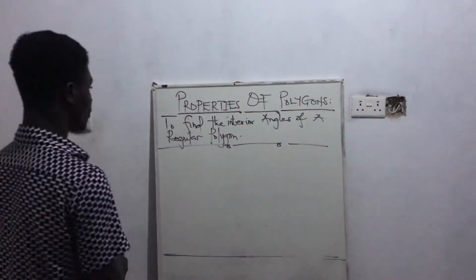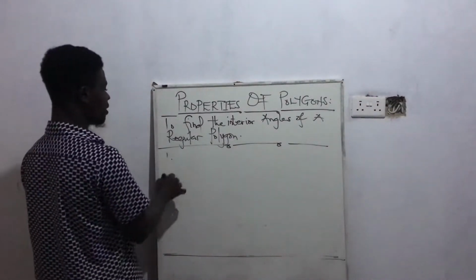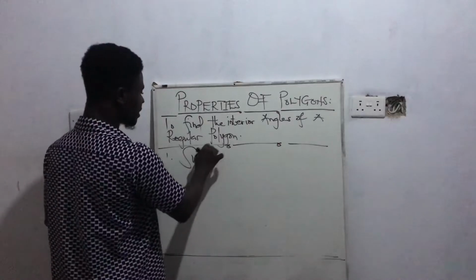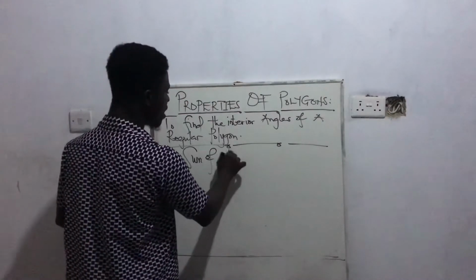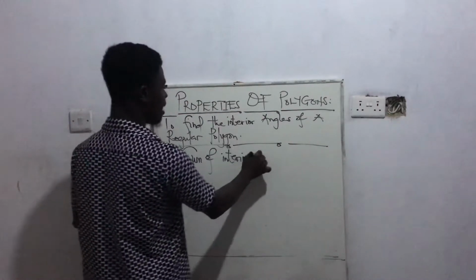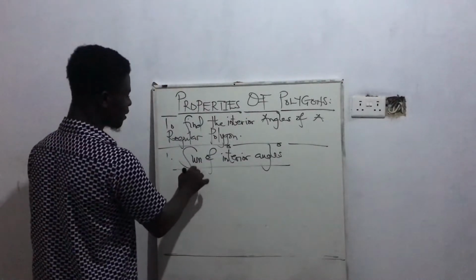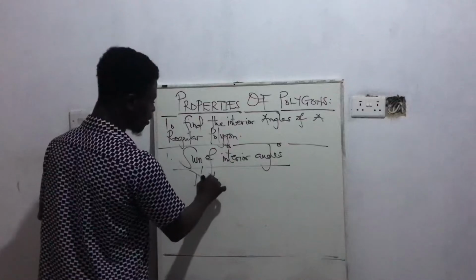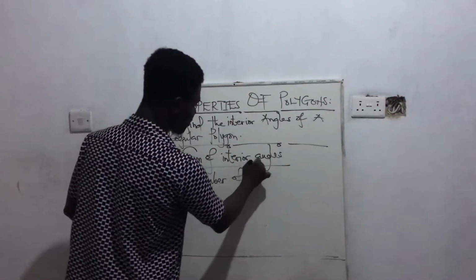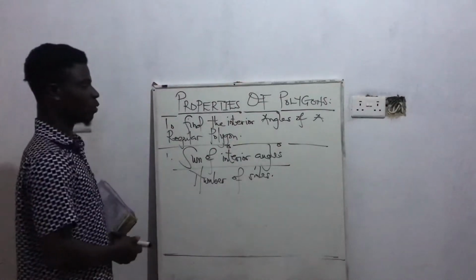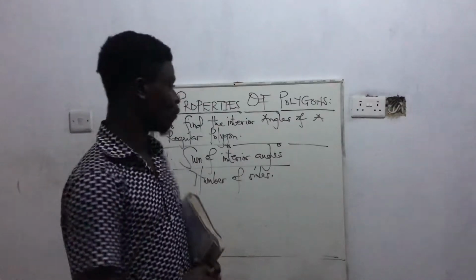You have to find the sum of interior angles, then you divide by the number of sides of this polygon.